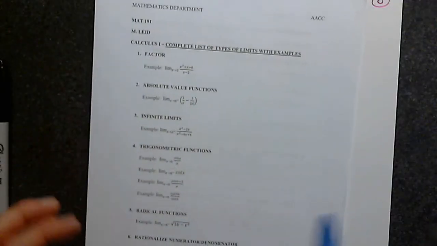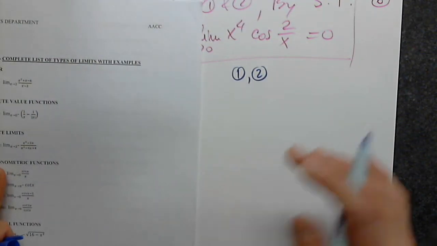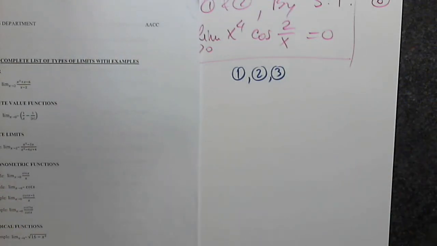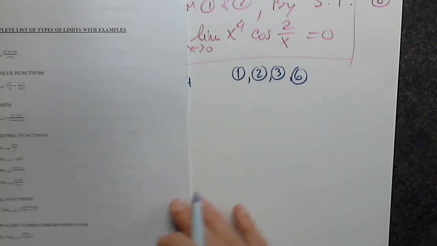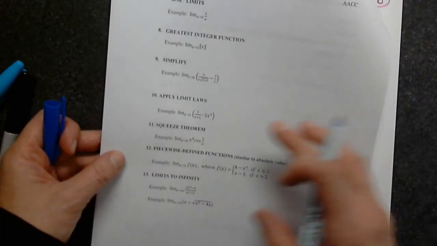What I would like you to work on for Monday, from the handout, you can do number 1, you can do number 2, we did it in class. You can do number 3, you can do number 6, we just did number 9. Please do it again just for you to make sure that everything is clear.